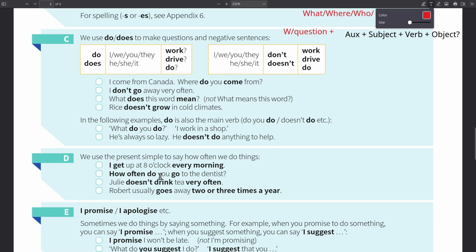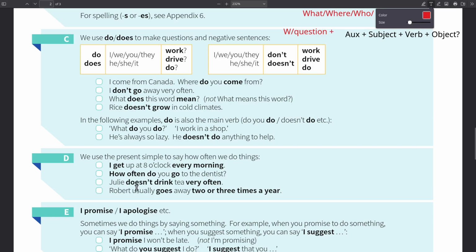How often do you go to the dentist? How often do you go to the dentist? We're asking about frequency, in this case, how often. I could say, I usually go to the dentist every month, or every, I don't know, 6 months.